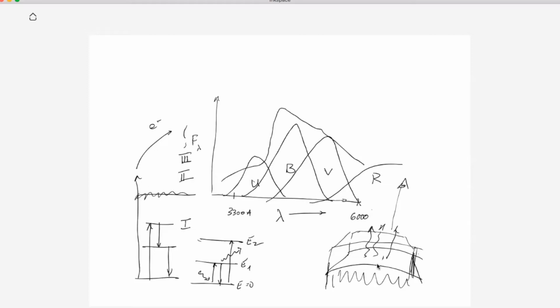So if you're looking at something that has, let me see if I can put it in another way. This is something just to give you a feel for what's going on. If you've got two stars that have the same temperature, the same mass, let's say the sun.